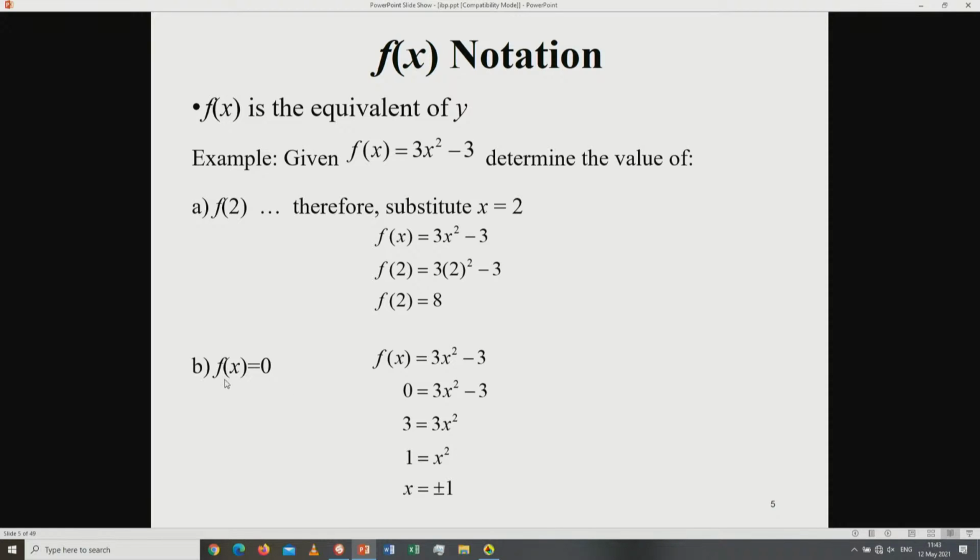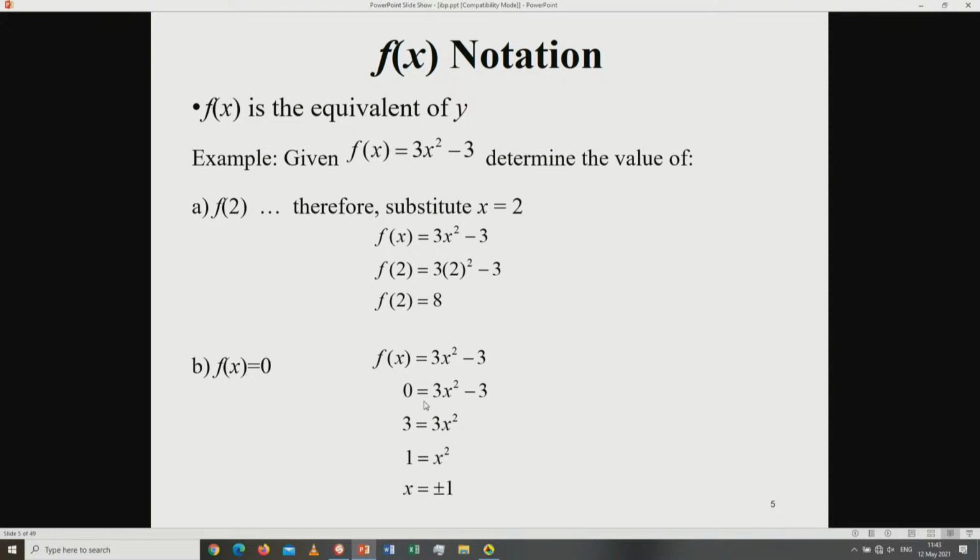Right, now what about the second one? B. It says f(x) = 0. B says f(x) = 0. In the first case, I said f(2), where this 2 represented the x. But in this case, remember what we said earlier on. F(x) is equivalent of what? Of y. So it means y or f(x) equals 0. In the functions, wherever I see f(x) or h(x), I'm going to replace it by 0 like it happened in this example.